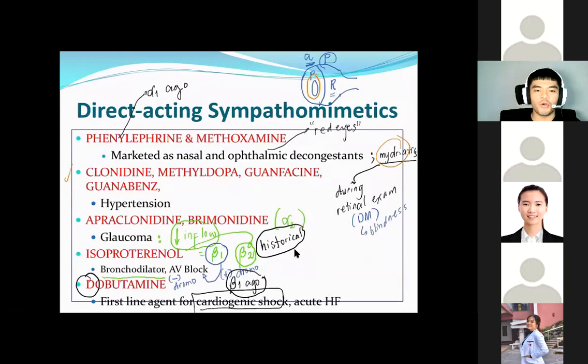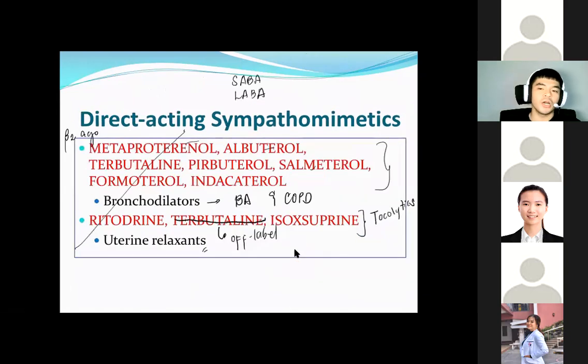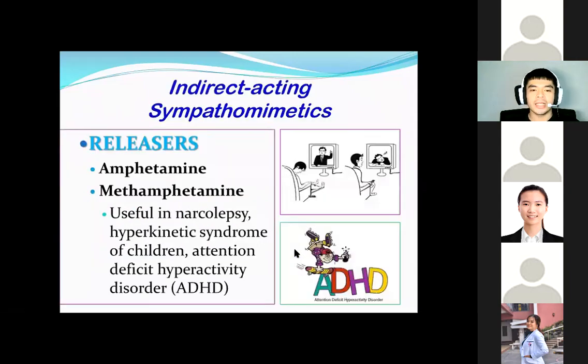And then for selective agents, na-discuss natin ang alpha-1 agonist, ang alpha-2 agonist, ang mga beta agonists like non-selective, beta-1 selective, beta-2 selective. So all of those clinical uses are for direct acting. Now, clinical uses naman tayo ng mga indirect acting mimetics. Regarding indirect acting, we have two subclasses, the releasers and reuptake inhibitors.